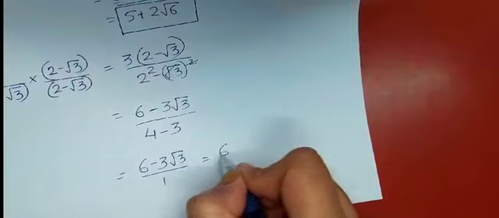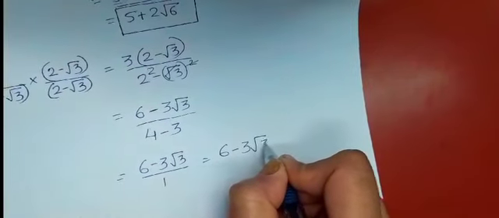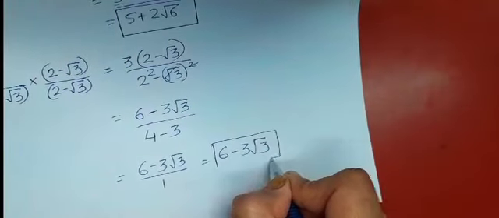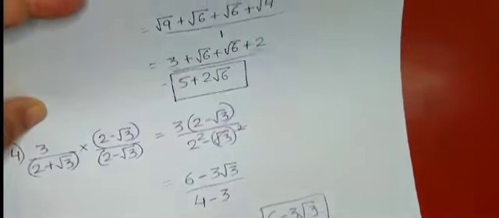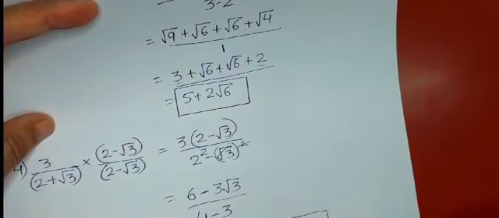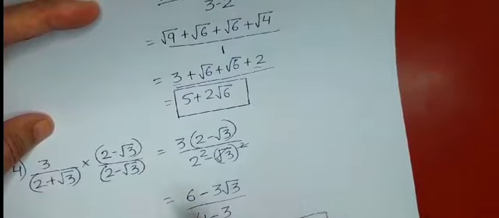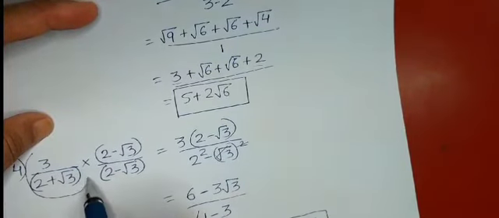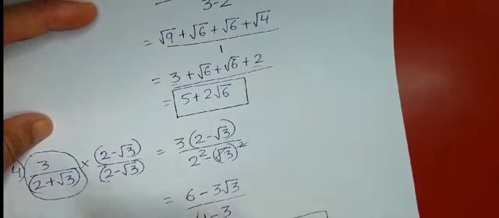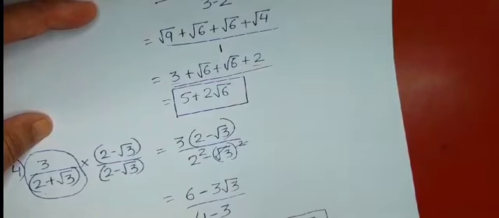So 6 minus 3 root 3 is the solution. This is an equivalent fraction of this from where we started. You can calculate in the calculator. But we have rationalized this denominator and we got this solution.